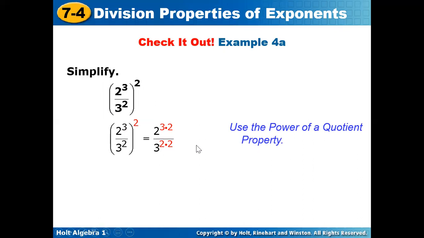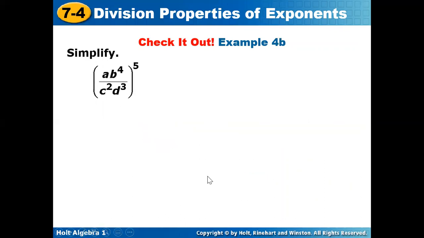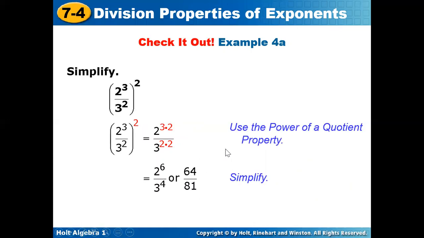And then continue to simplify. 2 to the 3 times 2 is 2 to the 6th. 3 to the 2 times 2 is 3 to the 4th. Get your number and then simplify. All right. And that is that.